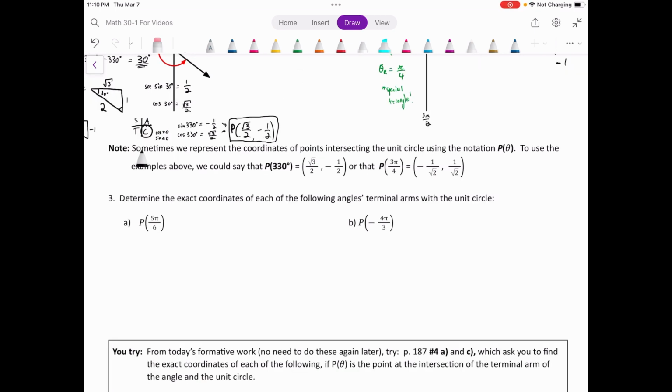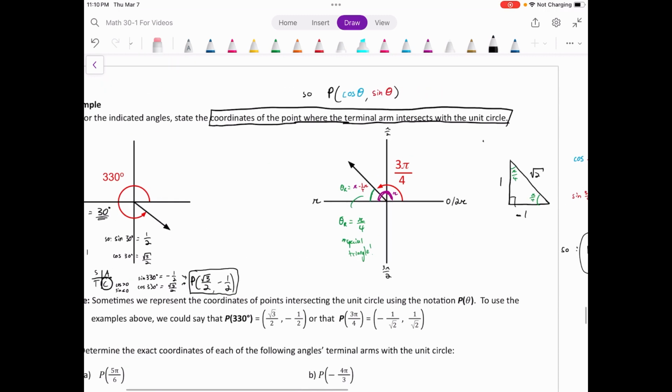All right, just a note on notation here and how we sometimes represent things, okay? Sometimes we represent the coordinates of points intersecting the unit circle using the notation P of theta. So when you see that, it's just saying, what are the coordinates of the point where that angle's terminal arm intersects the unit circle?